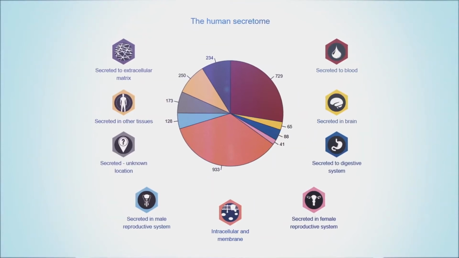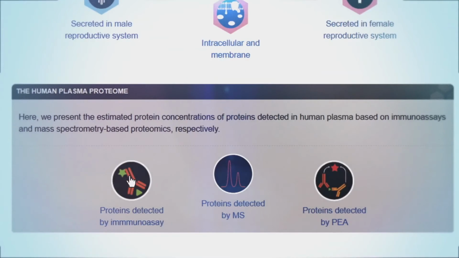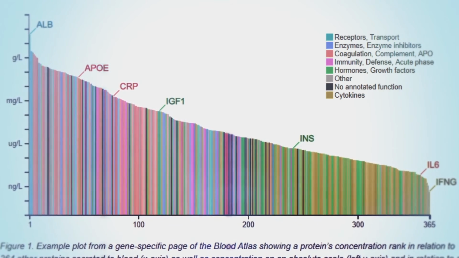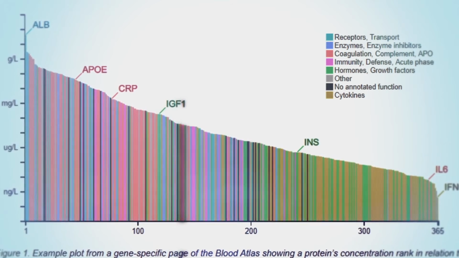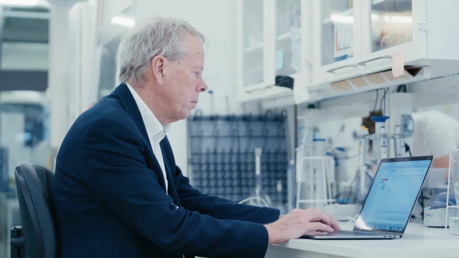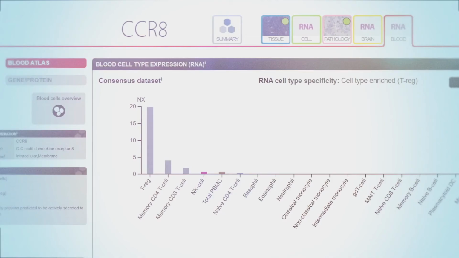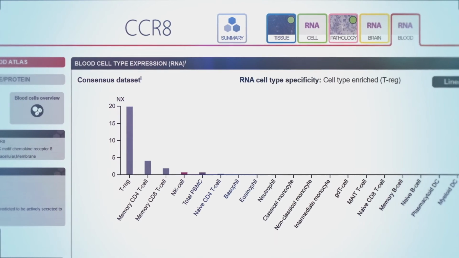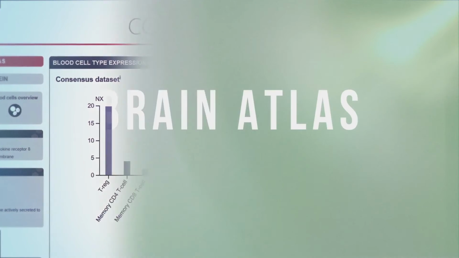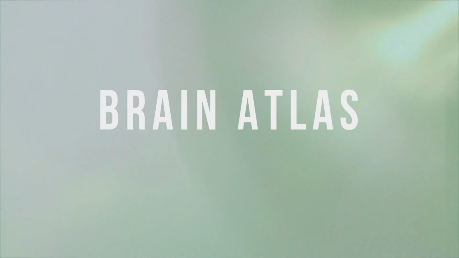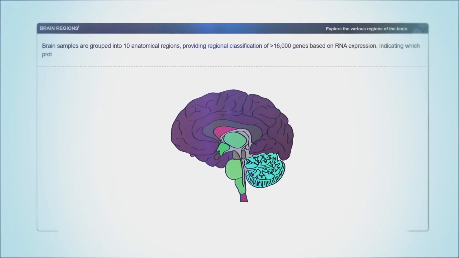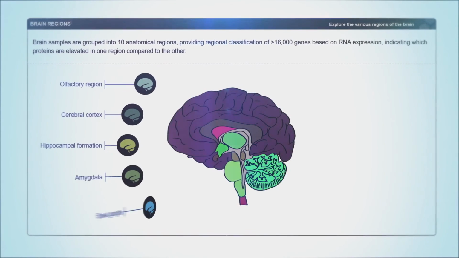The Blood Atlas shows information about the immune cells and the proteins present in the blood. Here, scientists can identify proteins which are restricted to a certain cell type, such as, for example, the regulatory T cells. The Brain Atlas shows the proteins localized in the different regions of the brain.